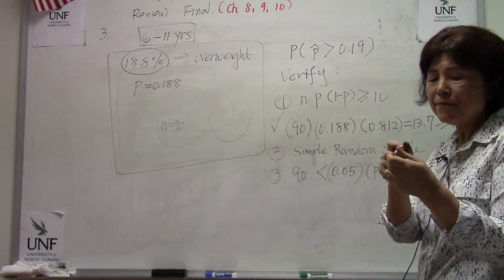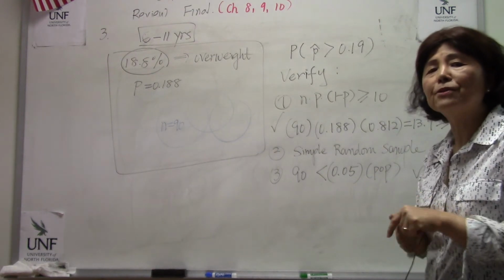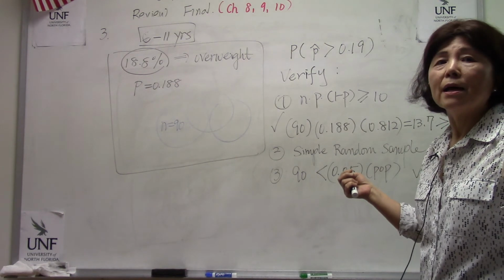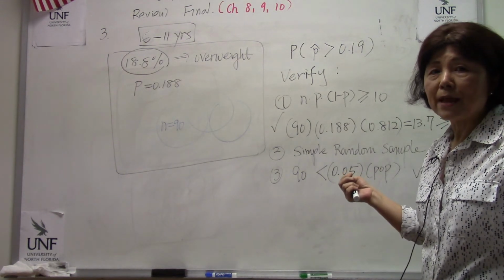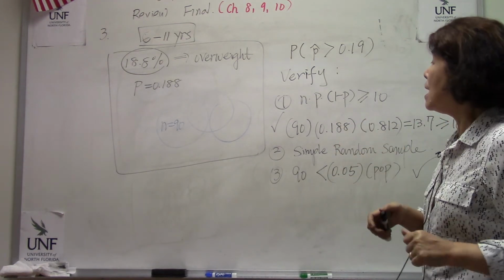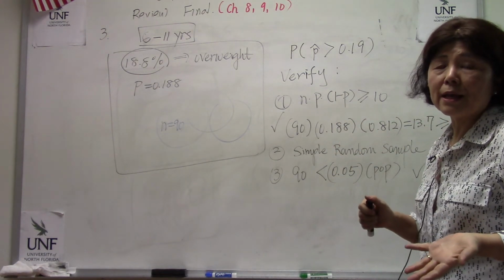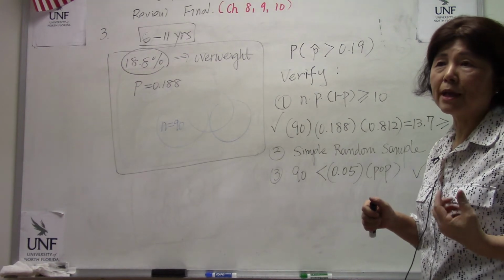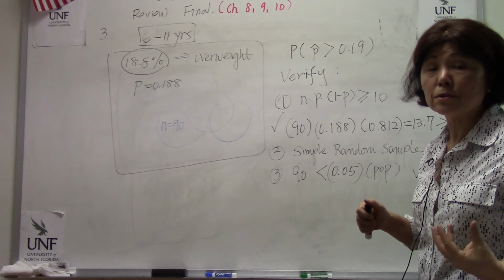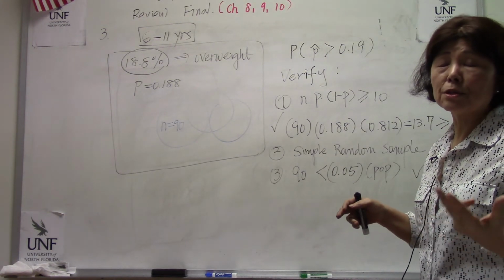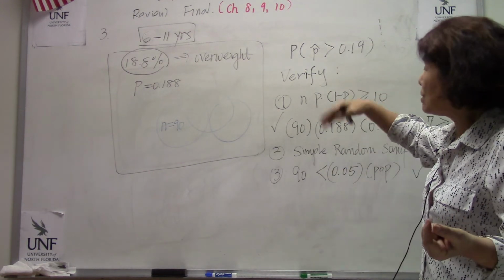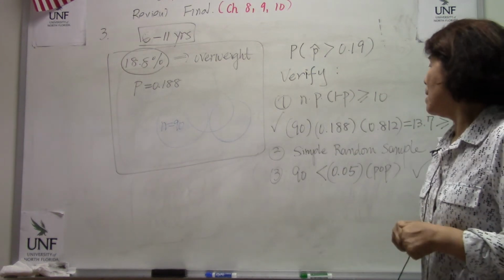Why do we need this? If the sample is too big compared to the population, you may choose, for example, twins in the same family. Nowadays scientists talk about certain genes that are prone to gaining weight, so those two kids can be related and have the same issues.